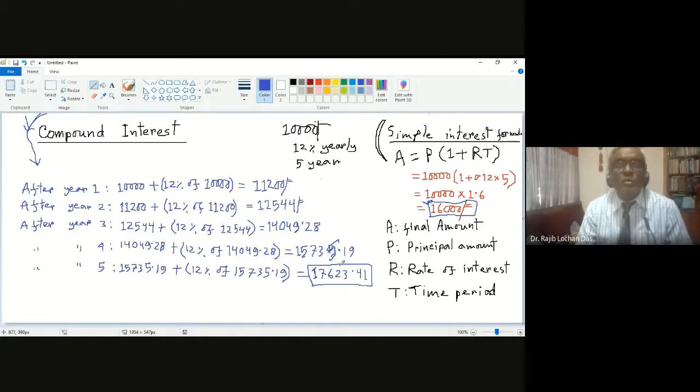But in the simple, this is not interest on last year interest. Simple interest means just same rate every year, same principal amount. But in the compound system, principal amount is changed every year.